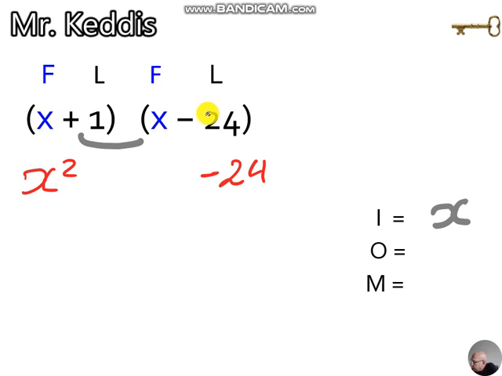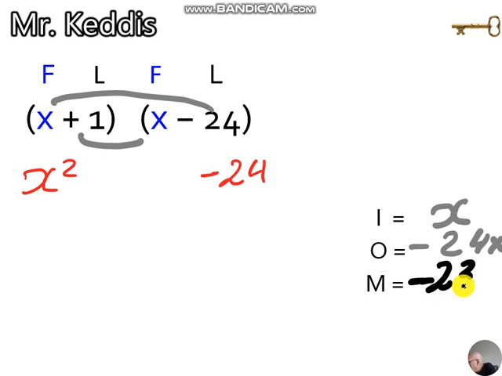The outer product, negative 24 times x, I get negative 24x. I see that 24 is higher than 1. I take the sign of the higher number, the sign in front of the 24, which is negative. Different signs here, I subtract 24 minus 1, I get 23x. It means the middle term here is negative 23x.